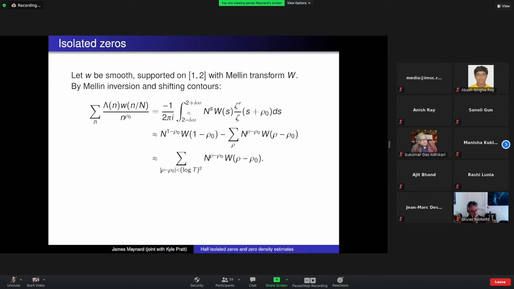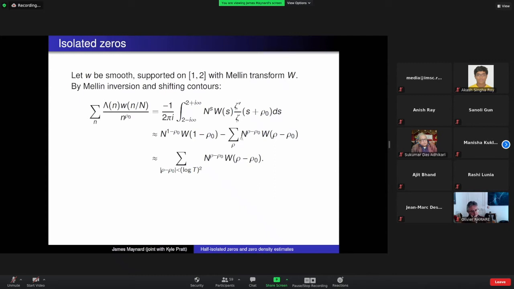So by Mellin inversion, I can just rewrite little w in terms of its Mellin transform capital W, and then I pull out the well-known Dirichlet series for the von Mangoldt function, and this n to the rho naught in the denominator just means that I'm shifting the argument slightly. I have this contour integral, and the obvious thing to do is to move the integral to the left.